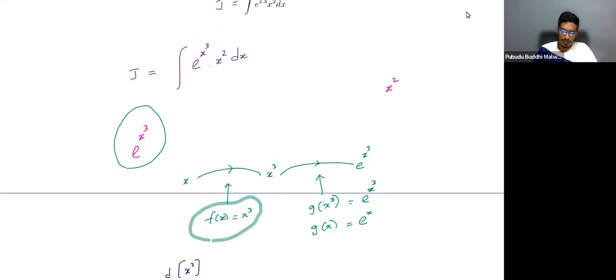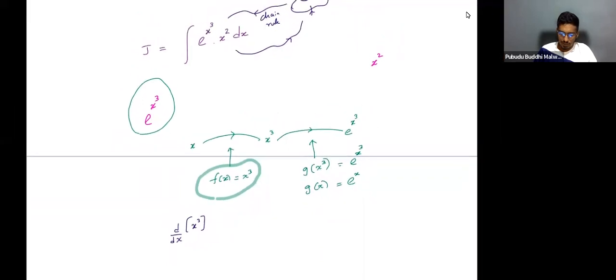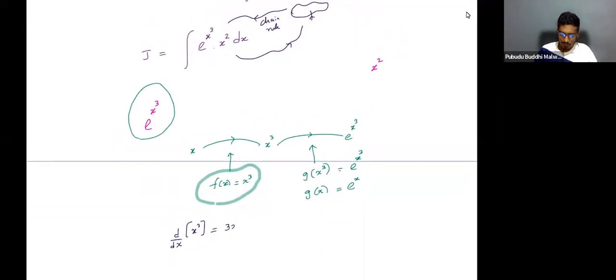So this function is someone's derivative. We need that function. Probably this function was obtained by applying the chain rule to a certain function. To get that function, I'm going to apply the reverse chain rule. That's why I try to create that form. So the derivative of x to the power of 3 is 3x squared. I think that's good.